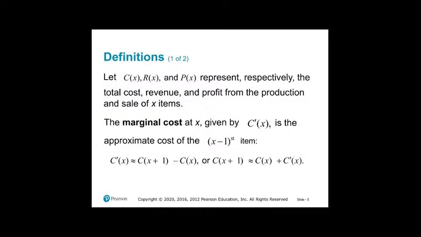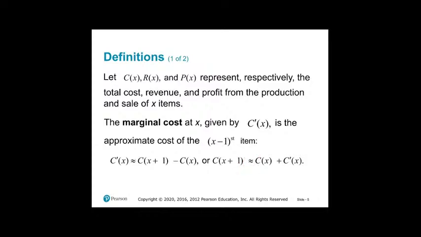So the derivative is basically like y2 minus y1. It's an approximation. If we solve for C of x plus 1, it's going to be C of x plus the derivative. Again, this is an approximation, so this is close. This isn't exact here, okay?